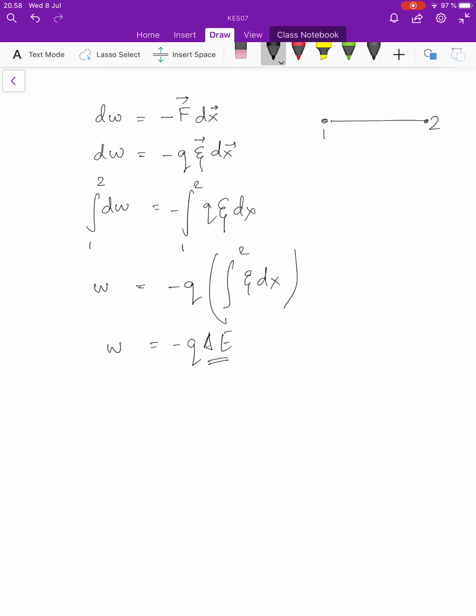From earlier, we know that the change in Gibbs free energy corresponds to the maximum non-expansion work that can be performed.